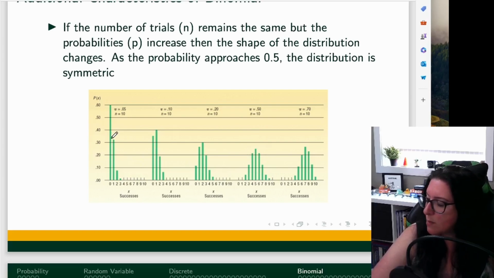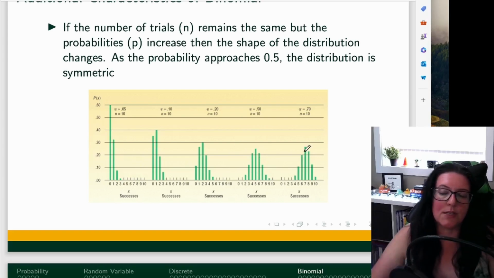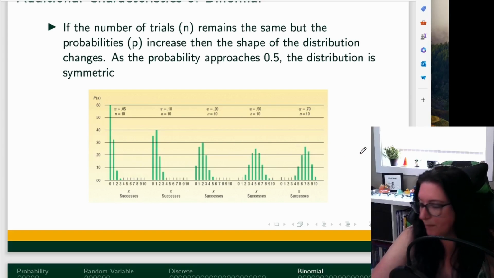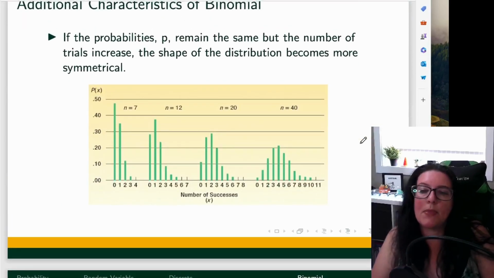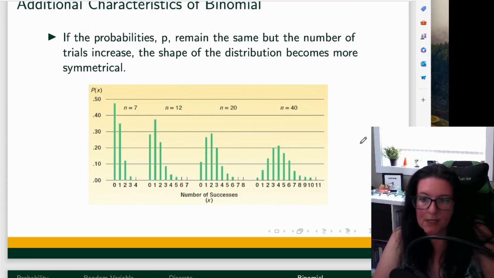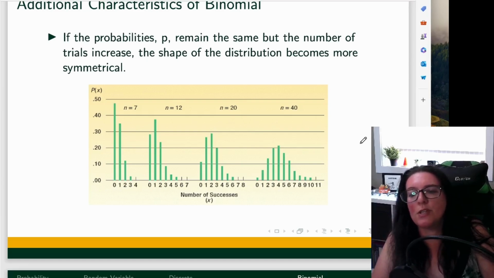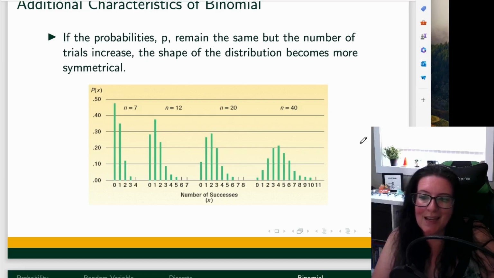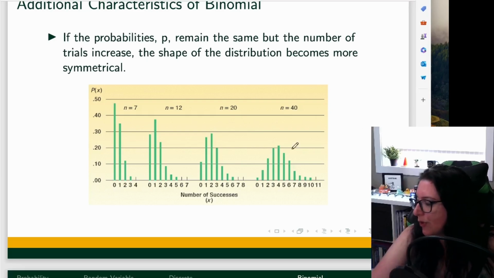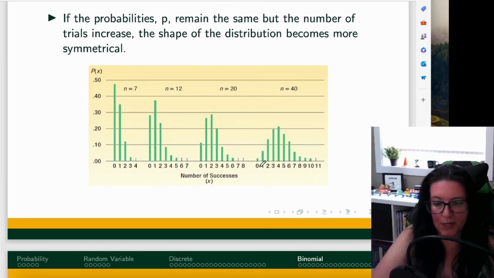As we get smaller or larger than that, we get a skewed distribution. If p remains the same but the number of trials increases, the shape of the distribution becomes more and more symmetric. Here all we're doing is changing n, and you get closer and closer to a symmetric distribution.